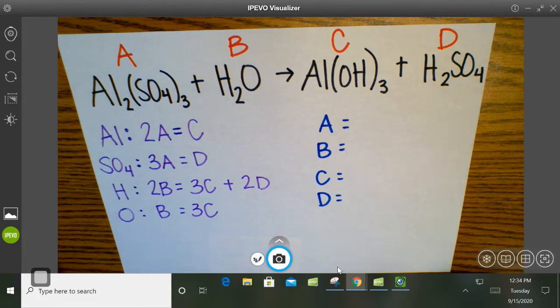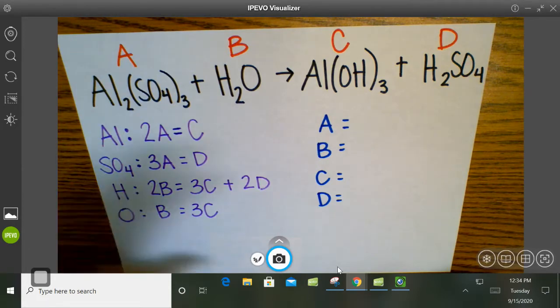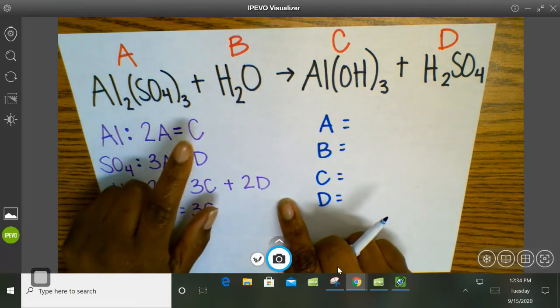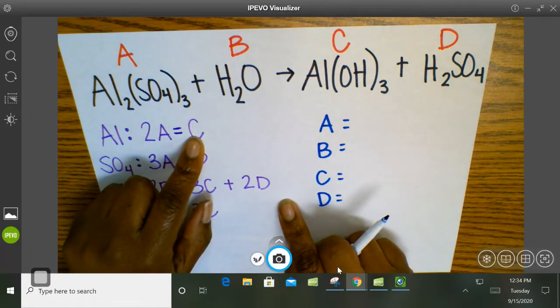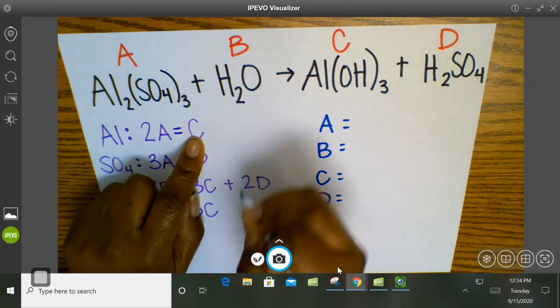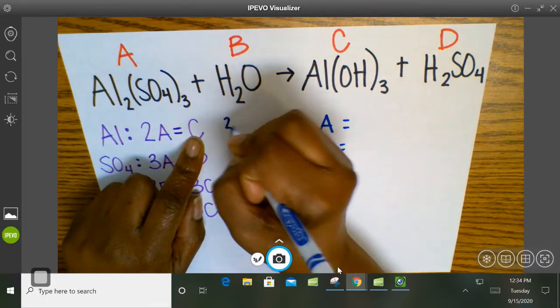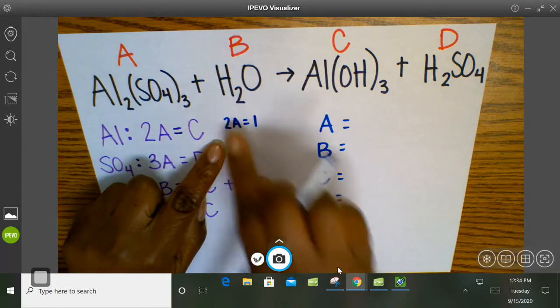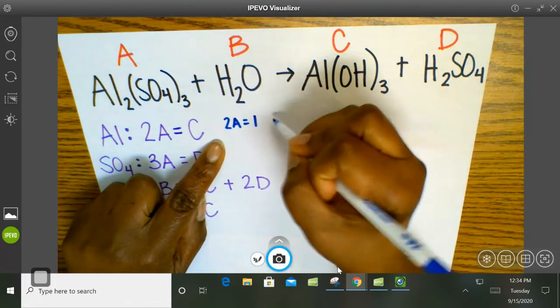Now, be careful when you're figuring this out. The biggest thing that I say is don't start out with fractions. What I mean by that is, if you say C is equal to 1, and let me just put that right here, so 2A equals 1. If C is equal to 1, to find A, it's going to be a fraction.